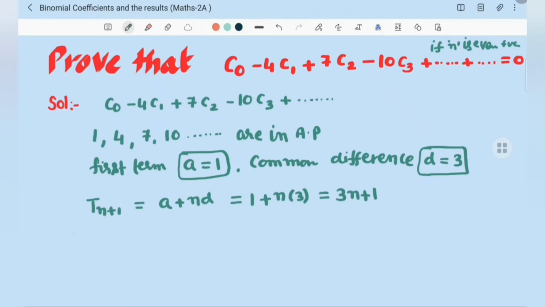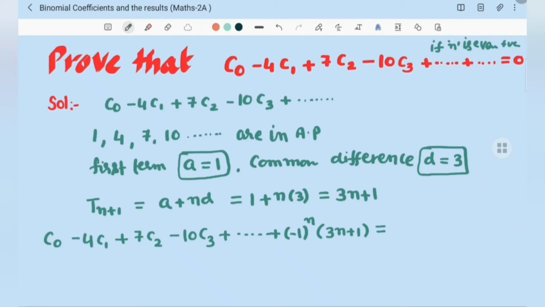Whenever the nth term is there, we are getting alternating plus and minus. So can we write like this? First, write the complete series C0 minus 4C1 plus 7C2 minus 10C3 plus and so on. Alternating plus minus means minus 1 whole power n. The last term here is 3n plus 1.